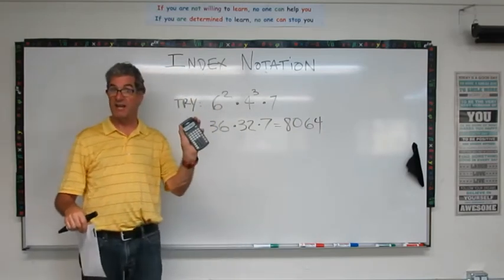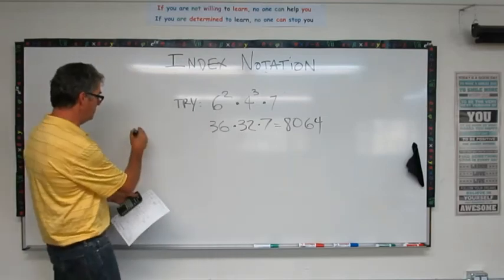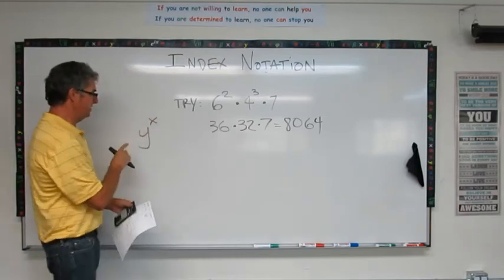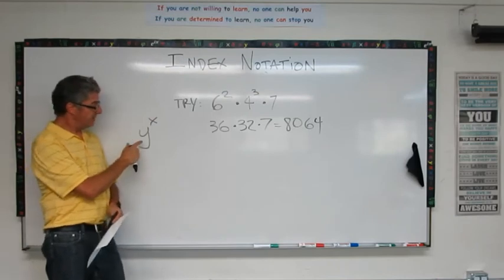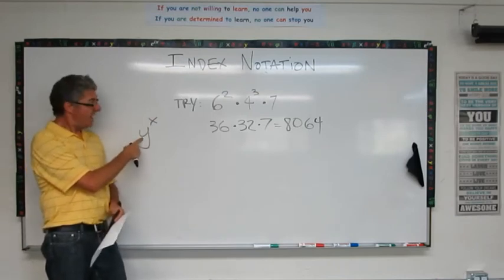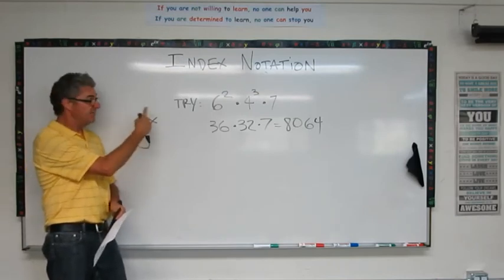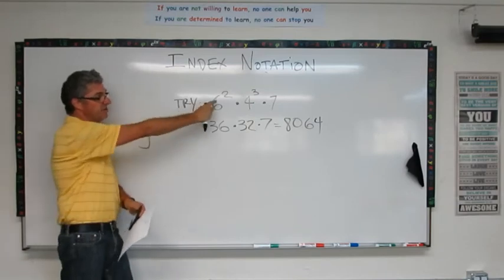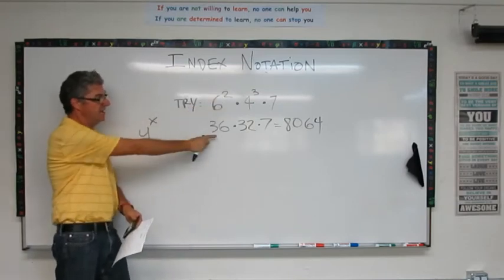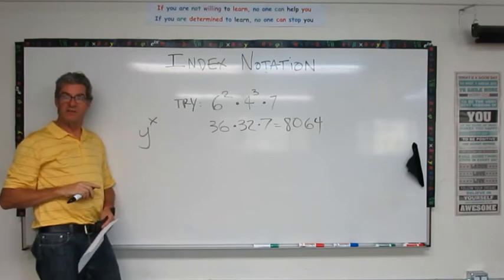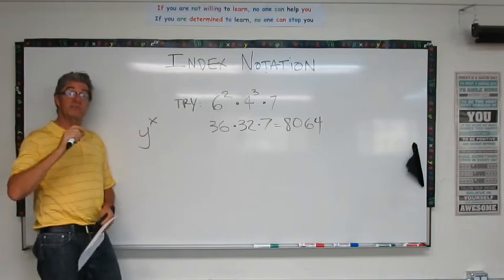A word about calculators. My calculator right here has a key called the y to the x key. This allows me to put in the base and put in the exponent, and the calculator will return my answer. Like I could put 6 squared in and it would tell me 36. Different calculators work differently.